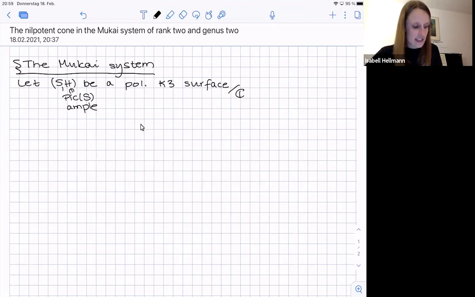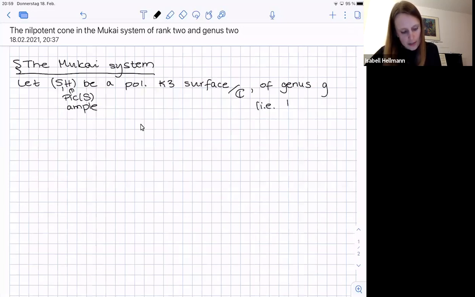And so fixing the polarization allows me to associate a genus to the K3 surface. So I say it's of genus G. And this just means that H squared is 2G minus 2.